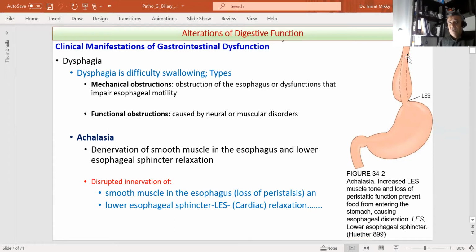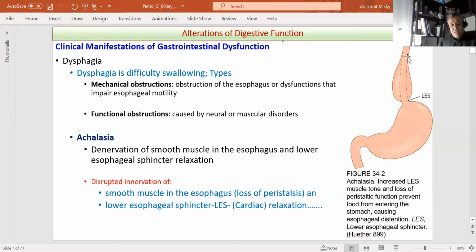Due to the denervation and the loss of the nerve impulses, there is decreased and complete loss of the peristalsis, which would affect the esophagus, and that will result in achalasia.